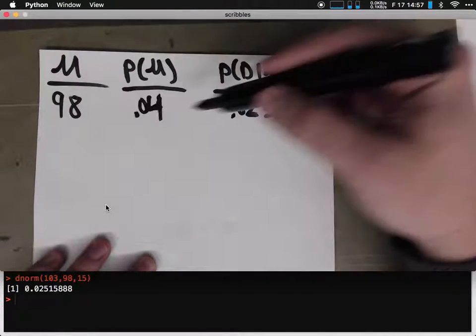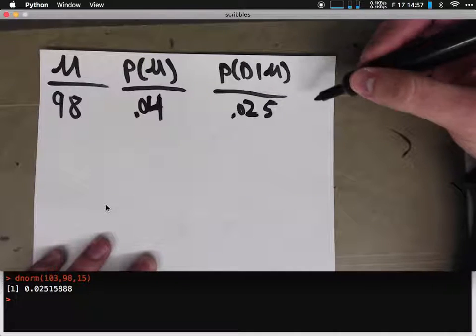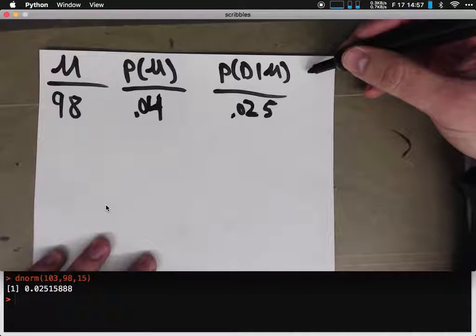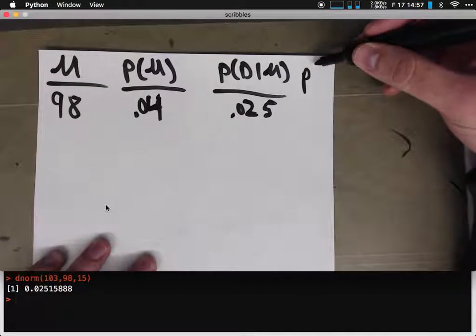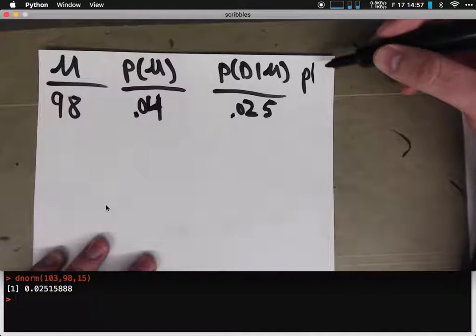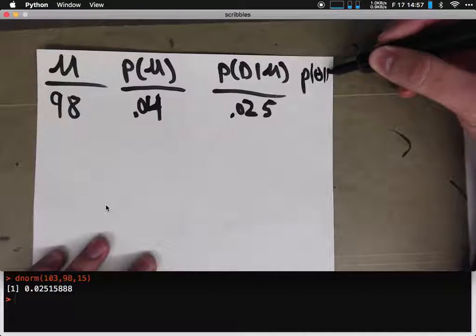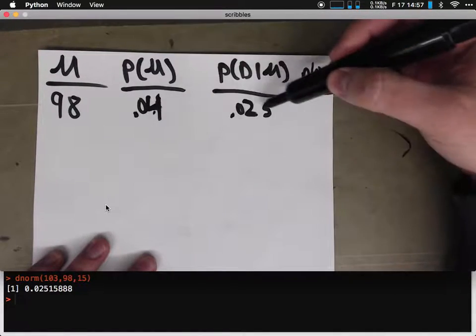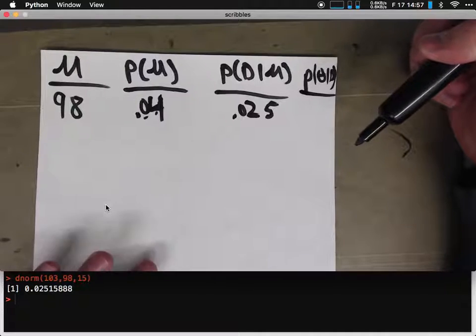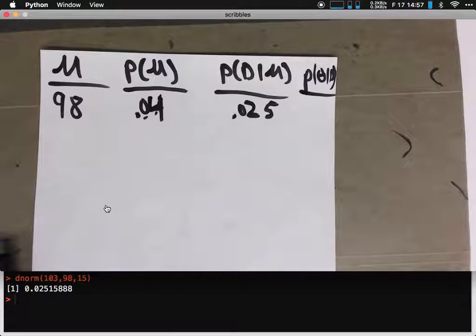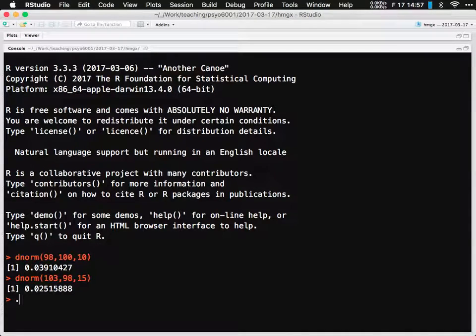And from that, we can actually work out what I didn't leave myself enough space, but the thing we're actually interested in, which is the probability of theta given the data, is just the multiplication of these two numbers, 0.04 times 0.025.